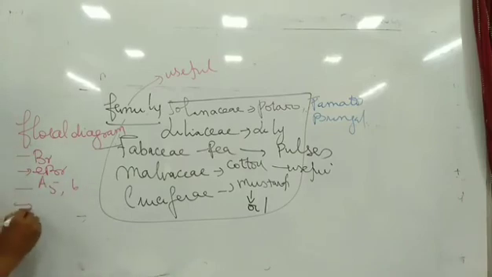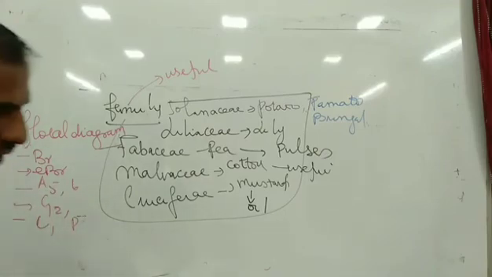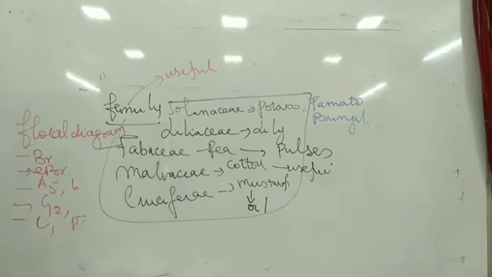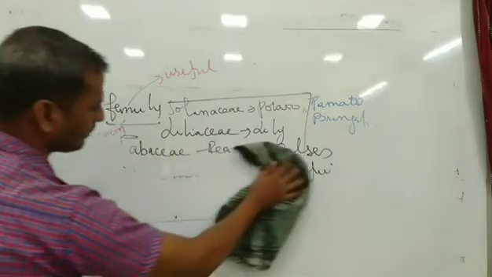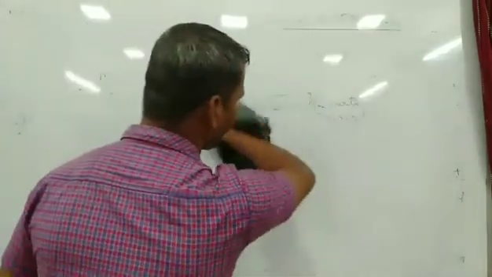The gynoecium, the female part, with 2 or 3 carpels, and the corolla and petals. The floral formula is given in your book, so read and observe it, because they may ask floral diagrams, such as which category it belongs to and how many androecium, gynoecium, petals, and sepals are present. These are the things we studied in morphology of flowering plants.